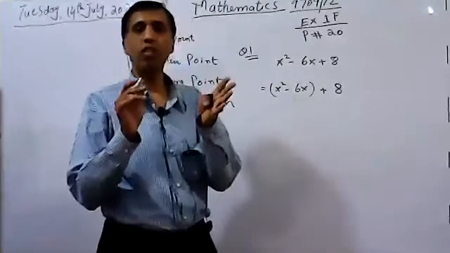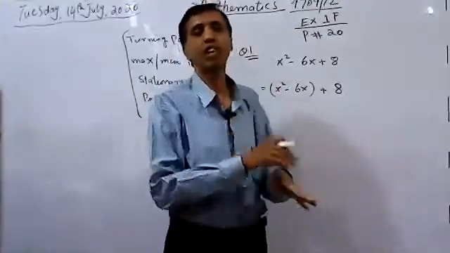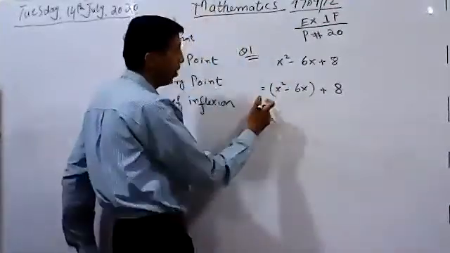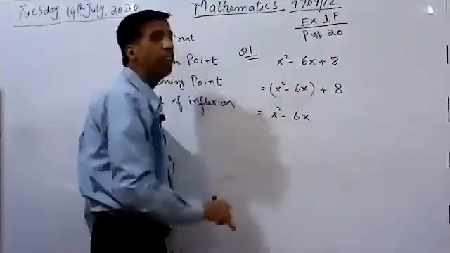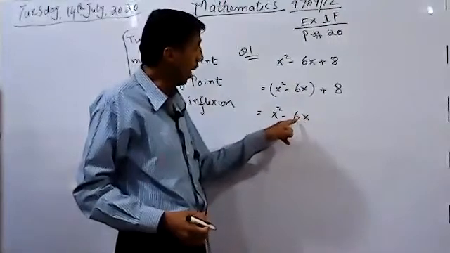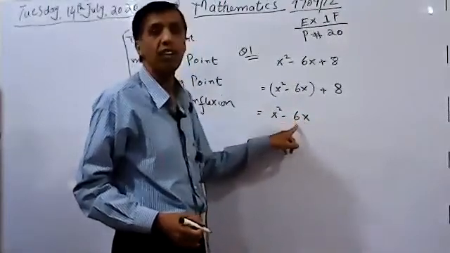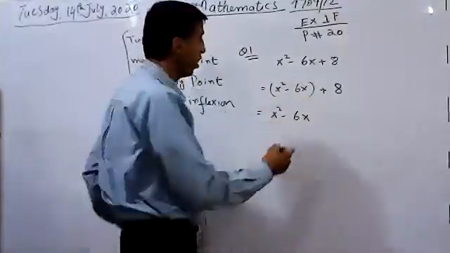First of all, you will have to keep the x terms in a bracket. So I have kept it. Now what will I do? I have to make it a complete square, by taking half of the coefficient of x. Half of the coefficient of x is 3 here.